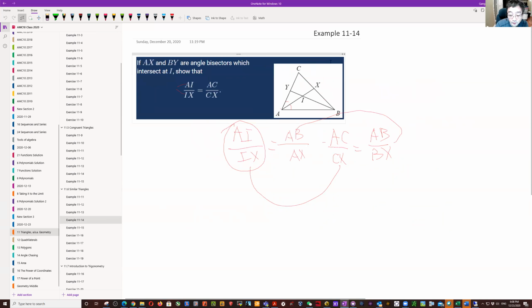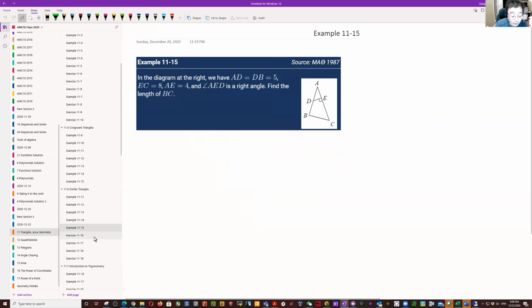We also looked at one example where, with two angle bisectors, you can use the ratio in different orientations and look at it in different ways to link them together.